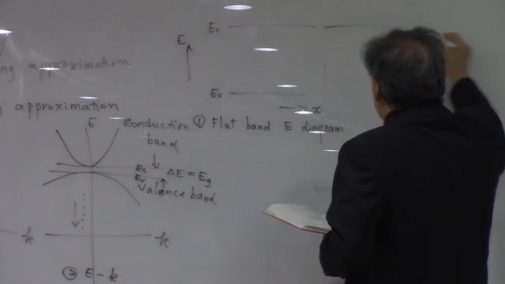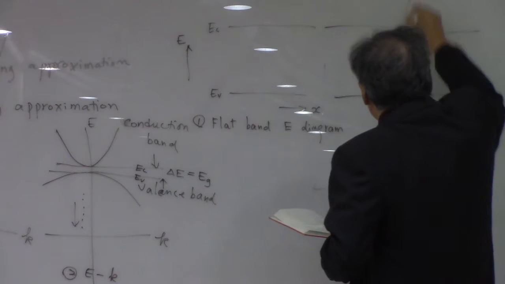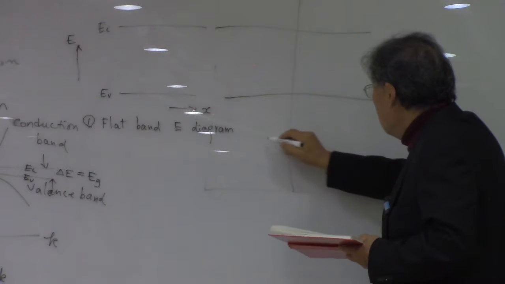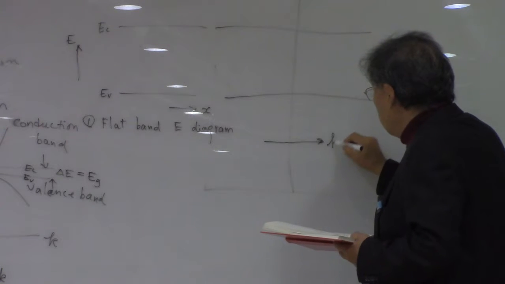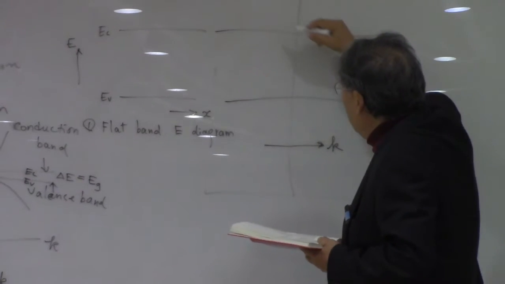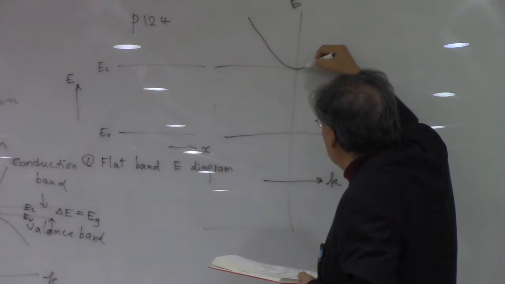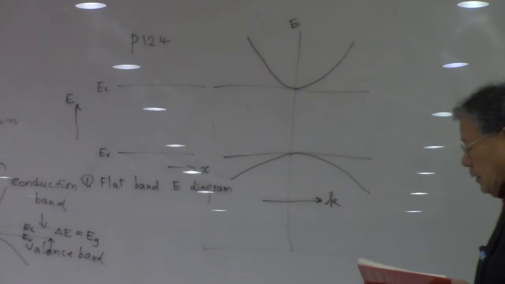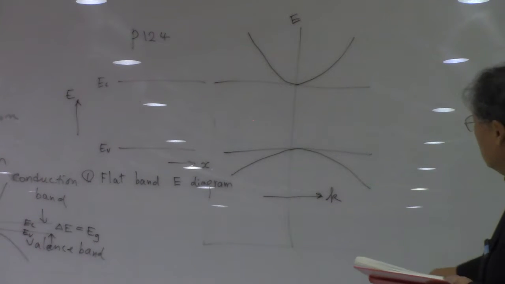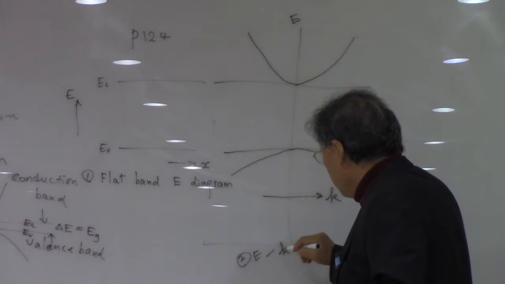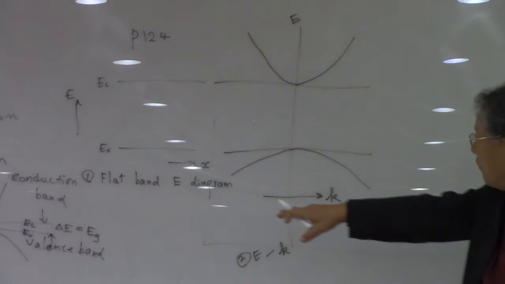And that EK diagram is going to be, if you draw on the same scale of this, now in this case we have k-axis along this direction, and then y is the energy, and then the conduction band edge is going to be drawn something like this, and the valence band is going to be drawn something like this. And this is EK diagram corresponding to this flat band diagram.